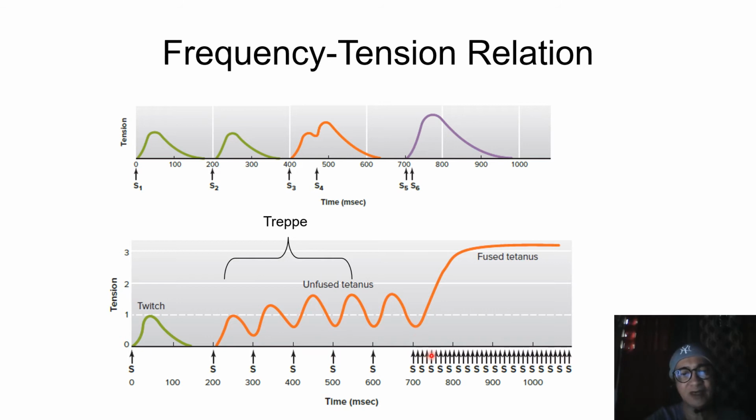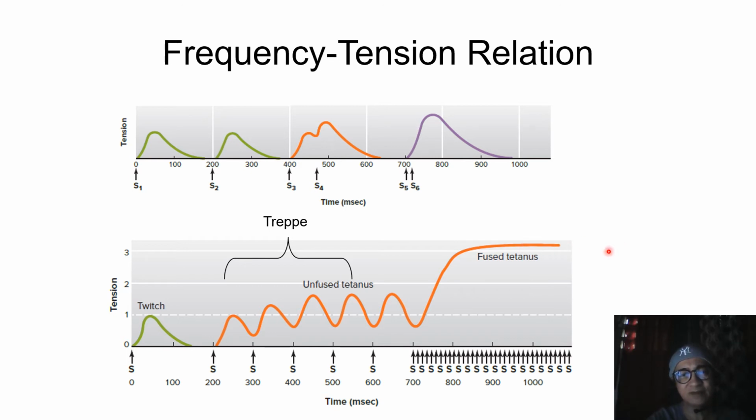And here we have application of 100 stimuli per second. So in this case, we have fused or complete summation, fused tetanus, that produces a plateau of contraction. But this fused tetanus or summation does not go on indefinitely.